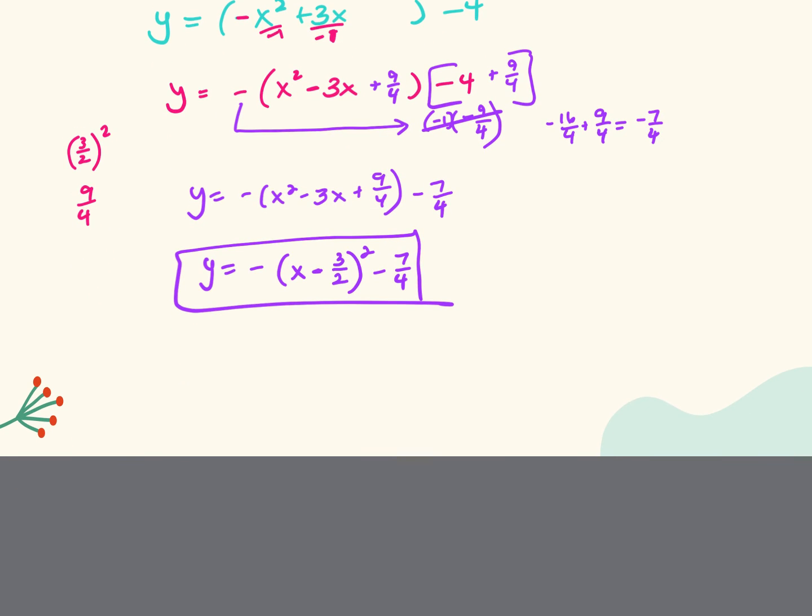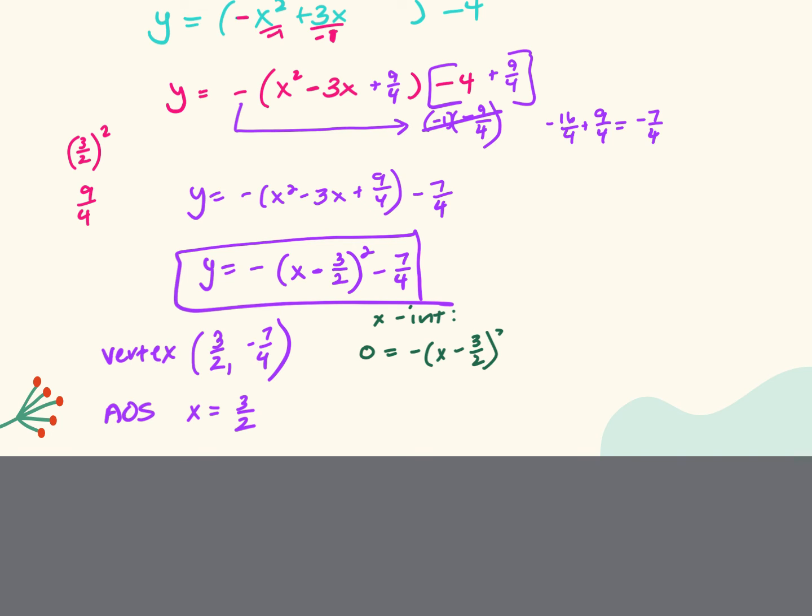What's my vertex? Good. 3/2 and -7/4. My axis of symmetry, x equals 3/2. For x-intercepts, I'm going to plug 0 in for y. 0 equals negative x minus 3/2 squared minus 7/4.